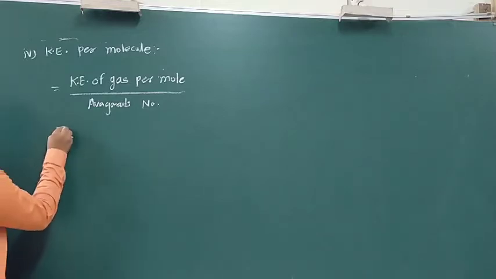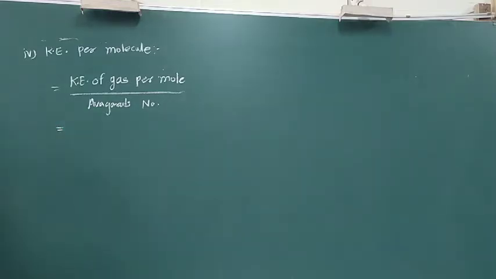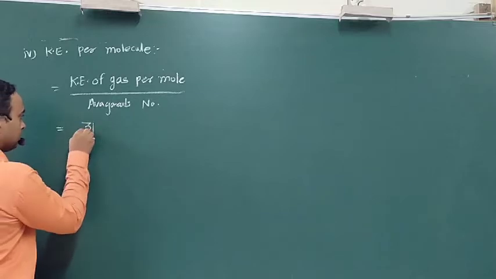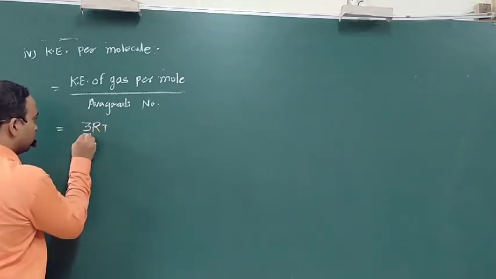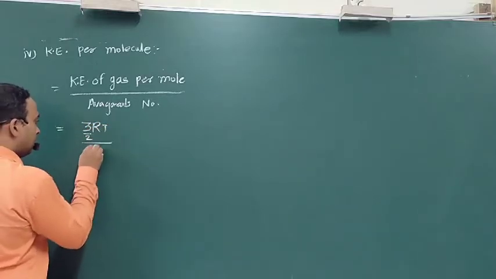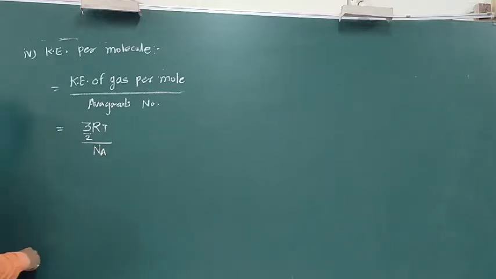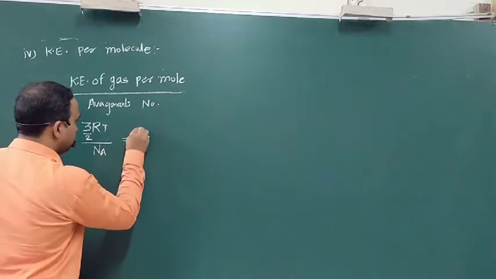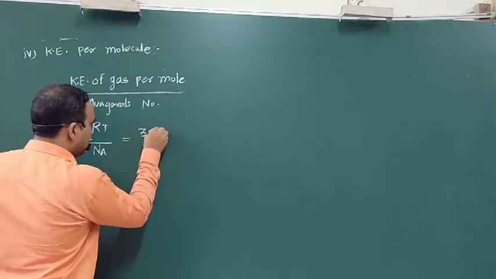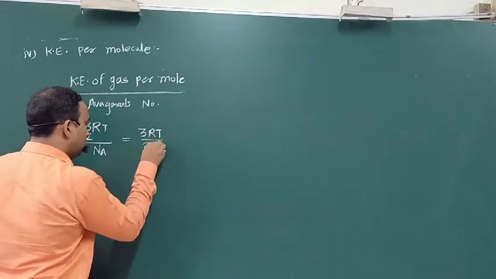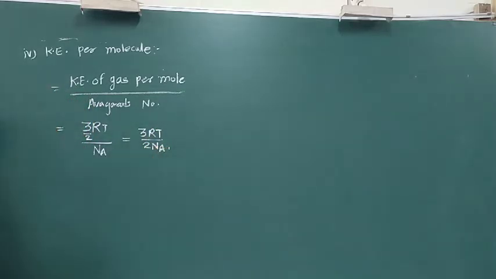We know the kinetic energy of a gas per mole is 3 by 2 RT, divided by Avogadro's number Na, so this is equal to 3RT upon 2 into Na.